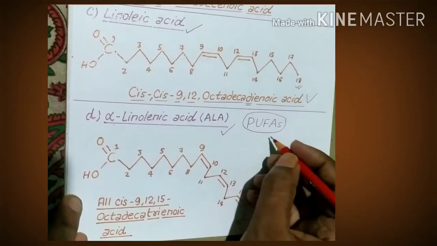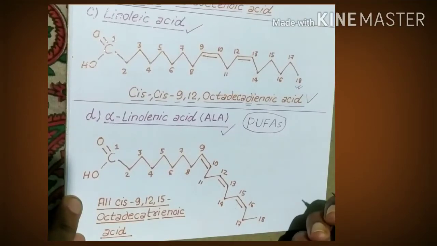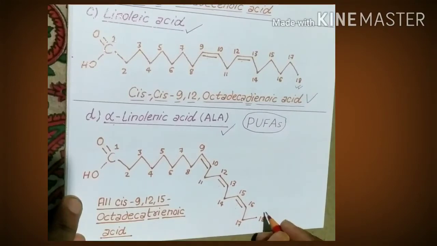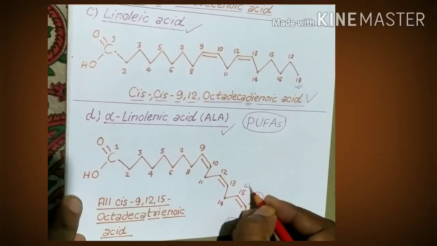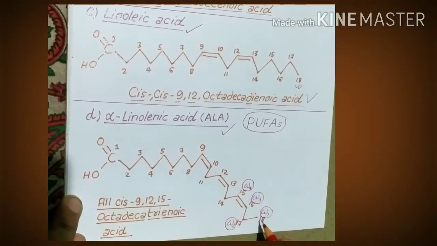And for polyunsaturated fatty acids, another convention is also used. This methyl end is understood as omega 1, this is omega 2, this is omega 3, similarly omega 4. So this is the omega convention.